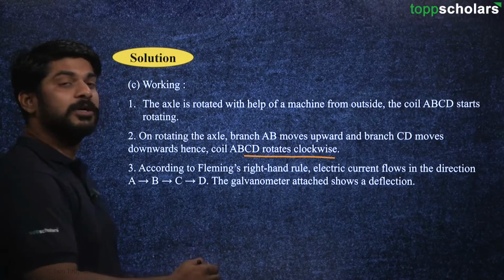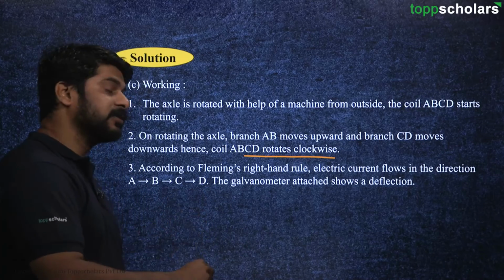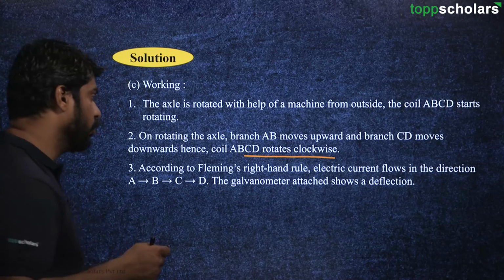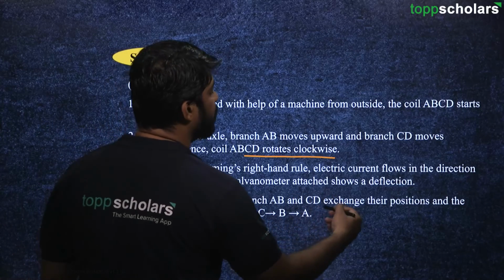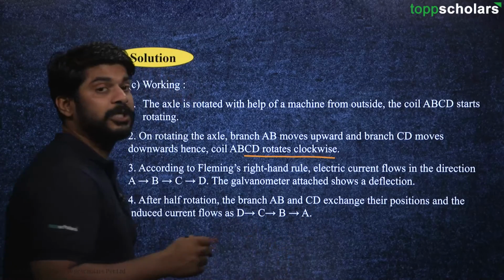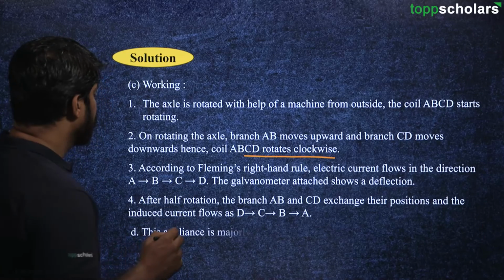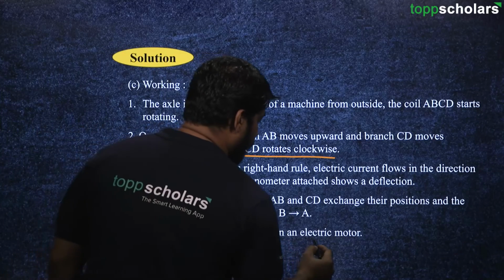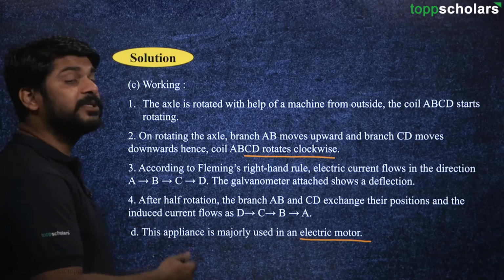So over here, when we rotate it, there will be a change in the magnetic flux and a current is induced in the coil as per Fleming's right hand rule. Then after half rotation, branches AB and CD exchange their positions and the induced current flows as DCBA, again according to Fleming's right hand rule. This appliance is majorly used in an electric motor. So these are some of its uses.